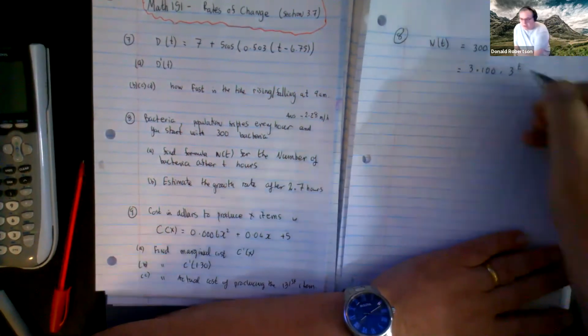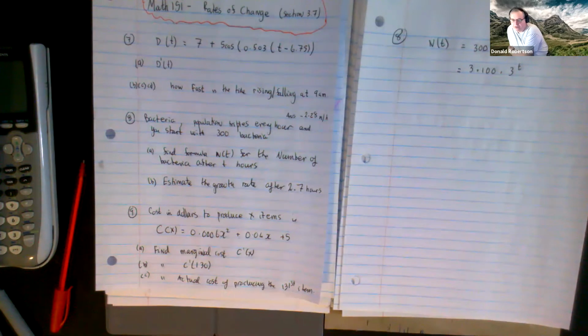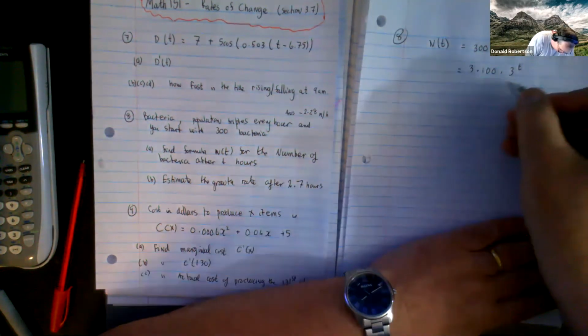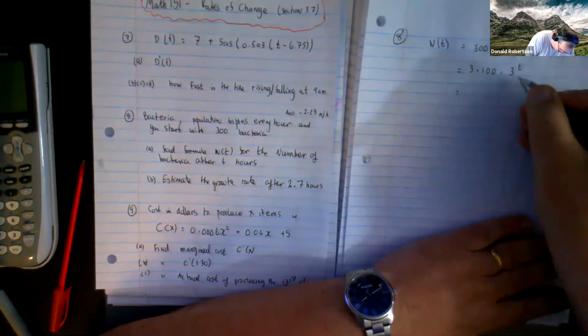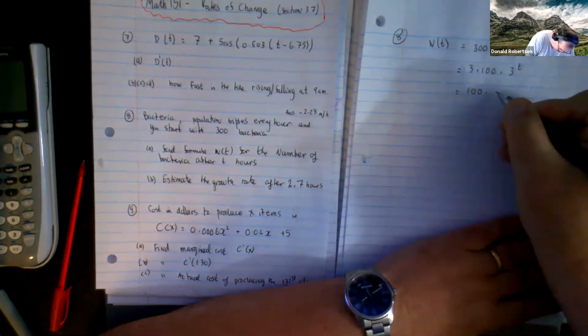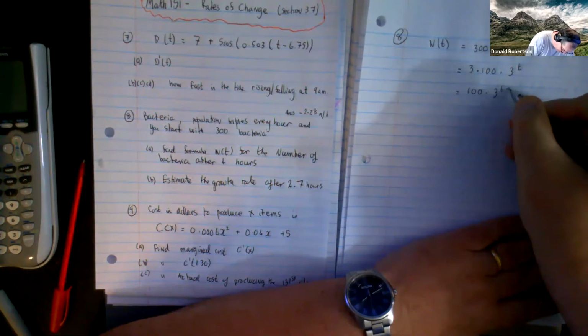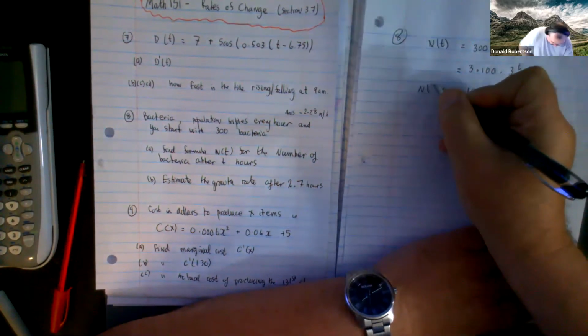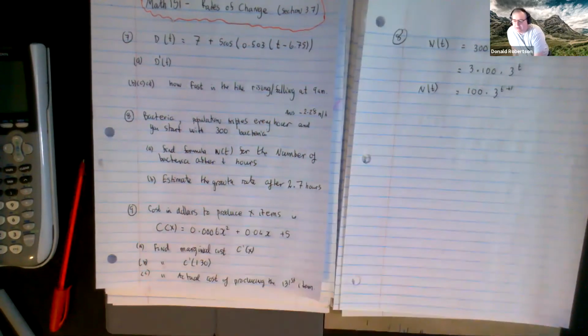What WebAssign did is it realized that 300 could be written as 3 times 100, and that 3 could join with the 3 to the T and make that formula. I'm not quite sure why they're being so nitpicky. Evidently, they thought that was a nicer answer.